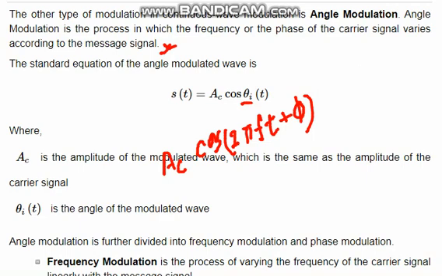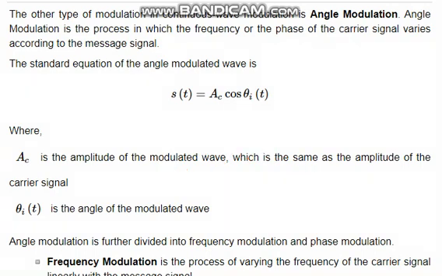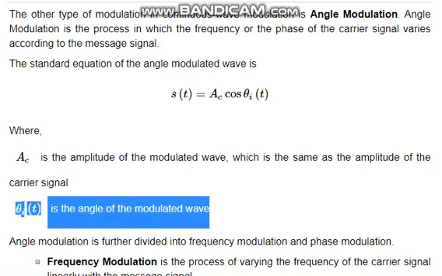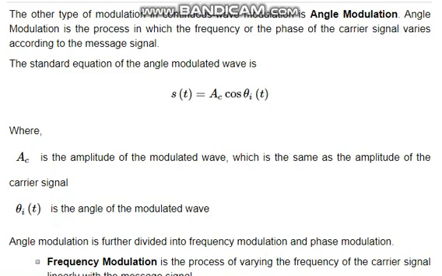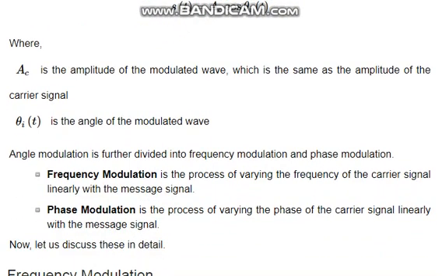If you think about it, that is the angle of the cosine, and we just vary the frequency and the phase to vary the modulation, and that is the modulation technique. So it is commonly known as angular modulation or angle modulation, because it is situated on the angular side of the cosine. So here you can see the angle of the modulated wave. If we split the angle of modulation into frequency and time, we will definitely get the answer.